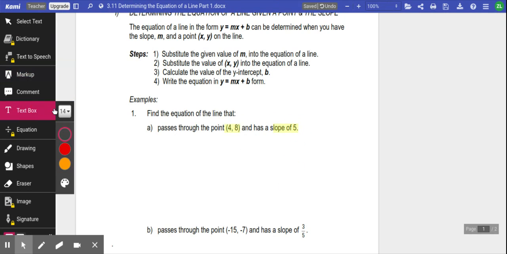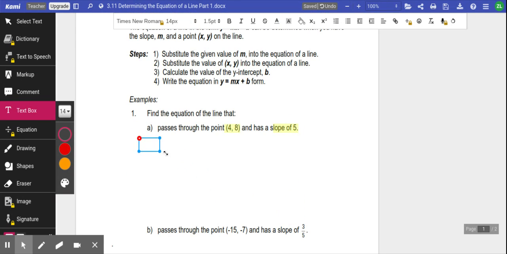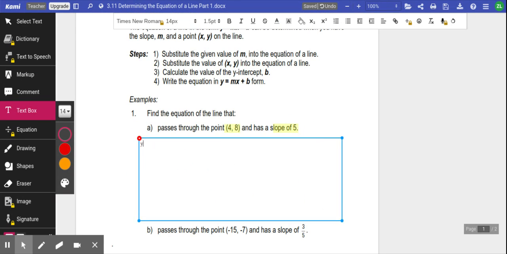So we know that if we go through this scenario, we know that our equation is y equals mx plus b. We know that the line passes through 4, 8, where if we know from our ordered pairs, it's x comma y.